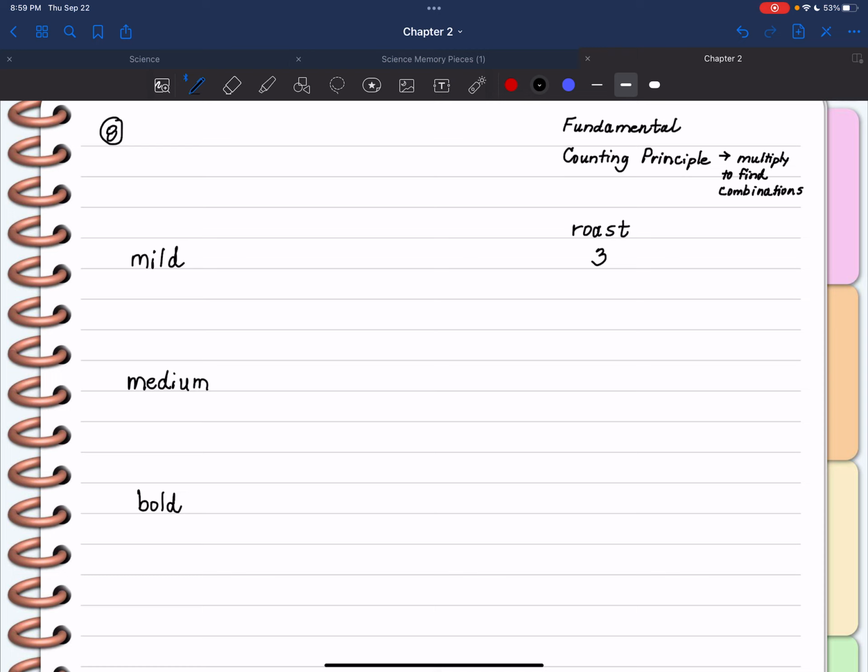And then the next thing we have to choose is the milk. You can get it with or without. That's a binary number. It's 2. So I'm going to say milk and no milk. I can tell you right now that is the option I would choose.